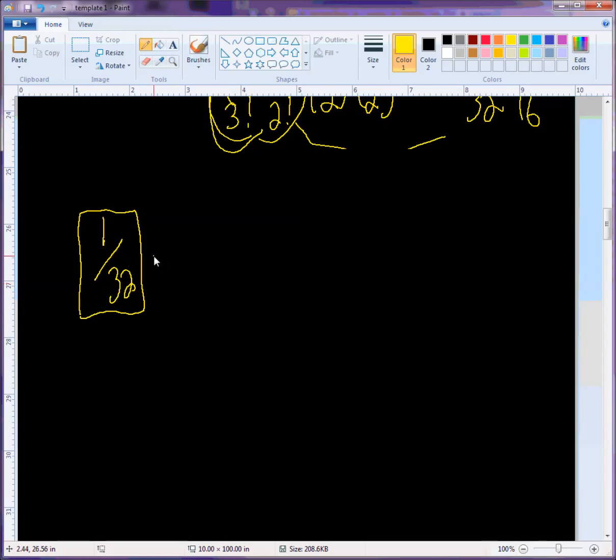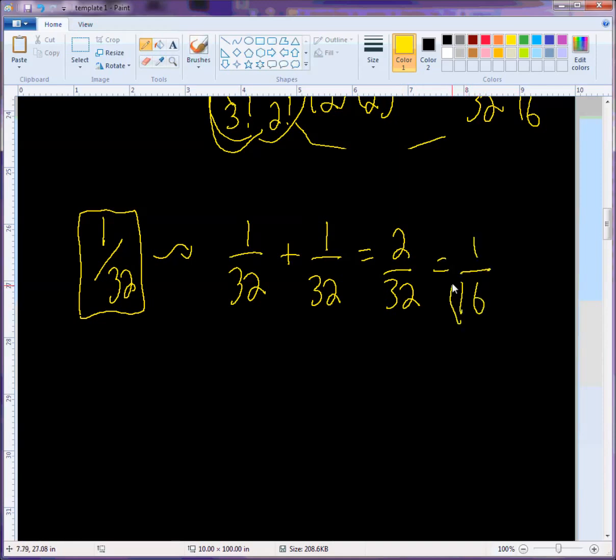In this case, I think the question is trying to trick us, because we need to consider that all are boys or all are girls. So that's 1 over 32 chance of all being boys plus 1 over 32 chance of all being girls. So that's 2 over 32, or 1 over 16. So 1 out of 16 chance that all are going to be the same sex.